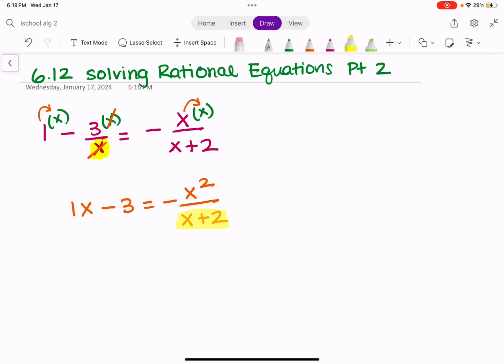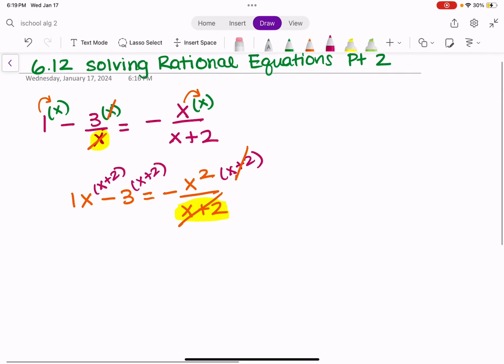So I'm going to do the same process now, but with this denominator. So I'm going to multiply every single term by x plus 2. And again, I'm going to simplify where I can, which is only just in the last term. So now I'm going to write everything out.